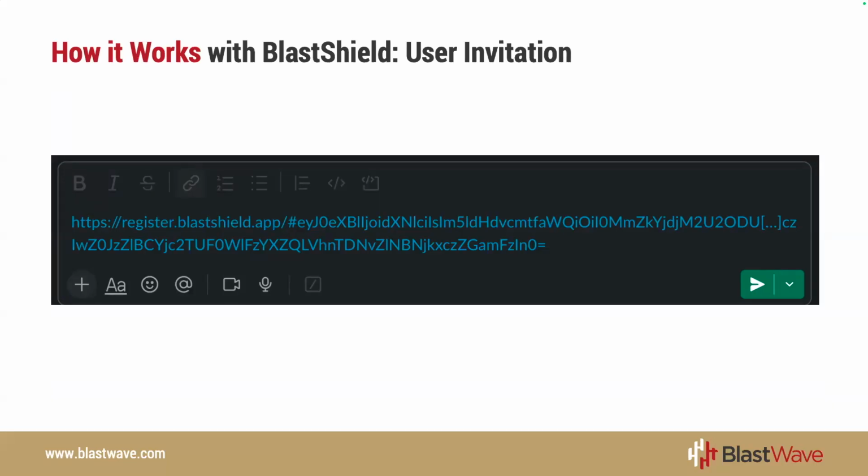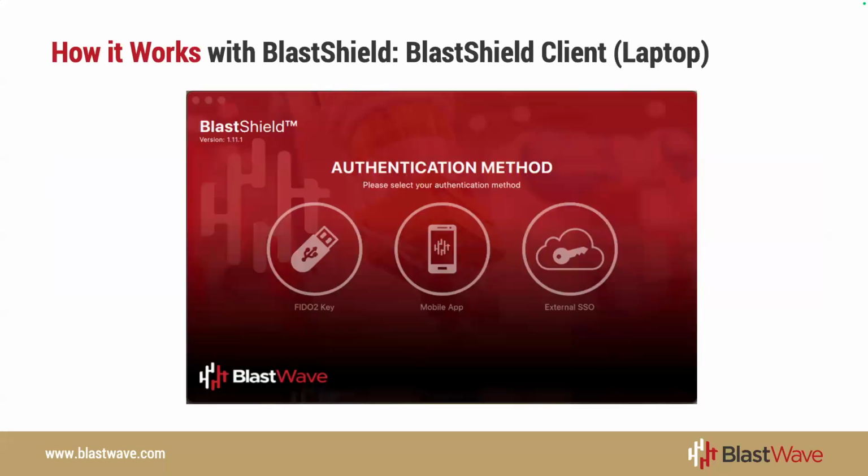You can copy it and download it and email it to them as well. But it is a physical invitation, so the moment they click on it, it registers their authentication device with the system. Then it pops up and asks this user how they are going to authenticate to the network. Most of the users of our solution use our mobile app, which is what I'll focus on.